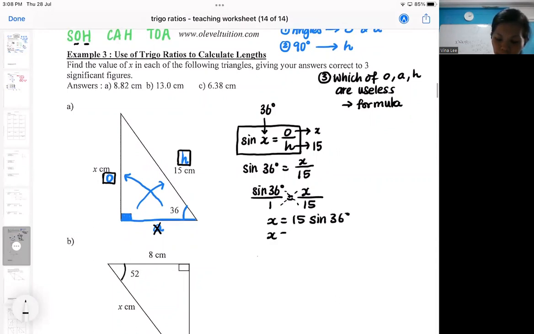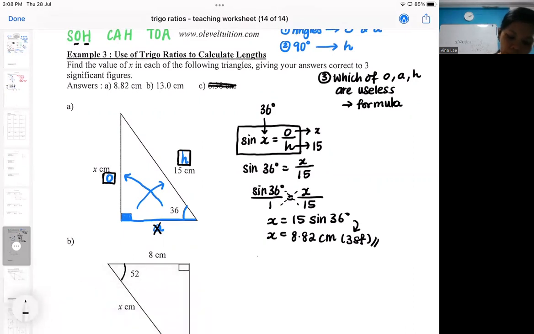So set up your cross multiplication and you punch calculator. Okay, really try punching. And like I say, you are not going to get a very nice number, because you will be getting like a chain of decimal. So allow yourself to give your answer in 3SF. Okay, so that's how we use the ratio to find length. And most of the time, your length wouldn't be so nice.